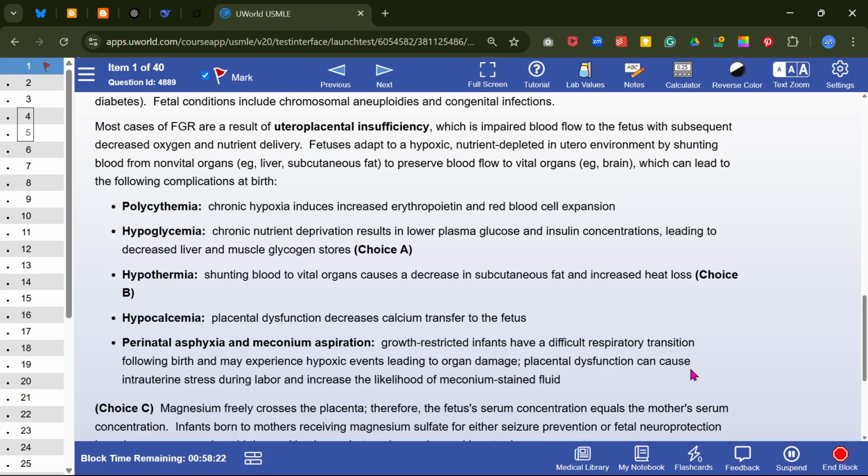Placental dysfunction can cause intrauterine stress during labor and increase the likelihood of meconium stained fluid. Okay.